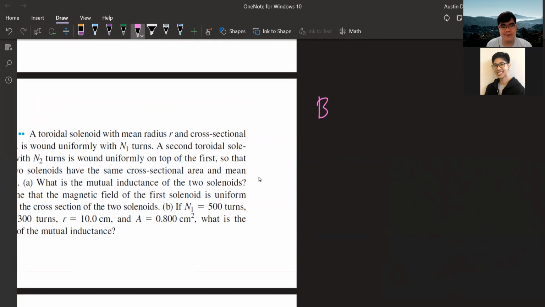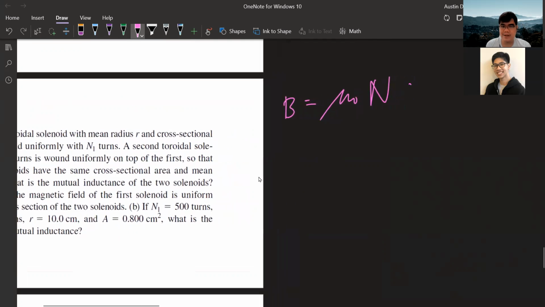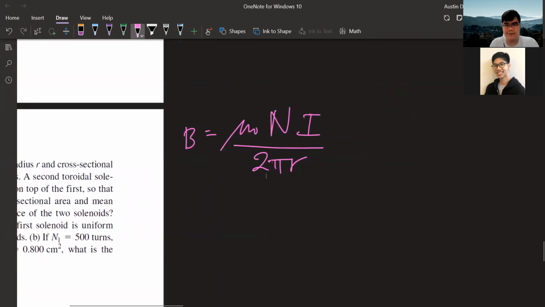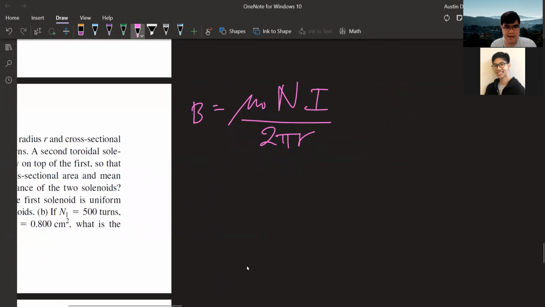Okay, so yung magnetic field first ng toroid is given by mu naught, the number of turns, the current it handles, and then 2 pi r. Okay, 2 pi r. This is the general form of the toroid magnetic field.